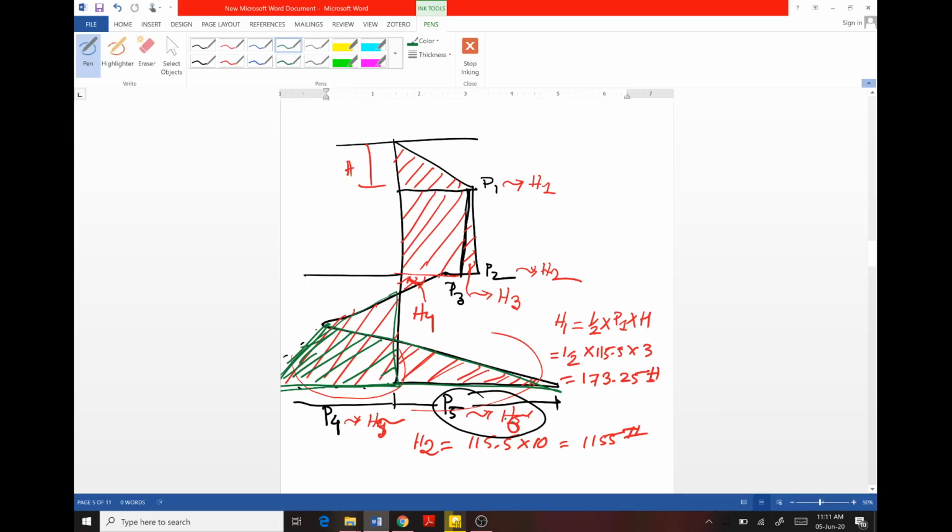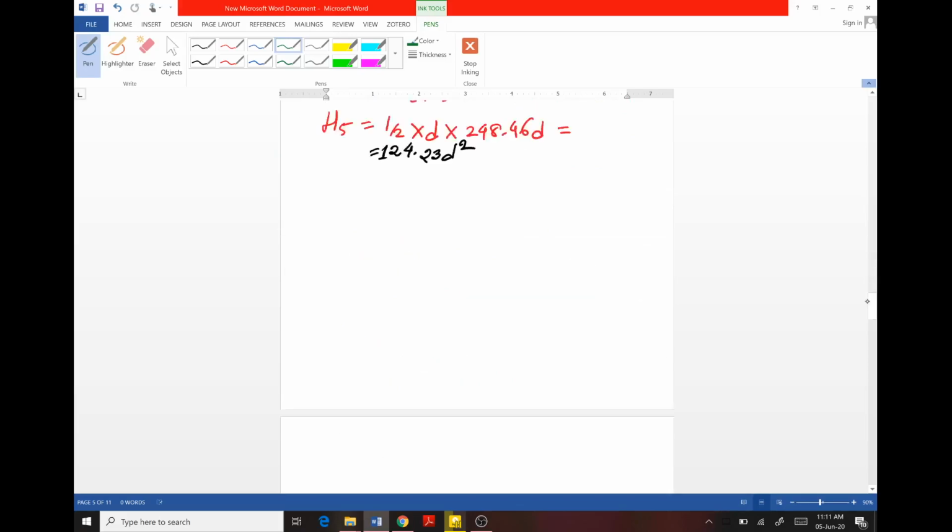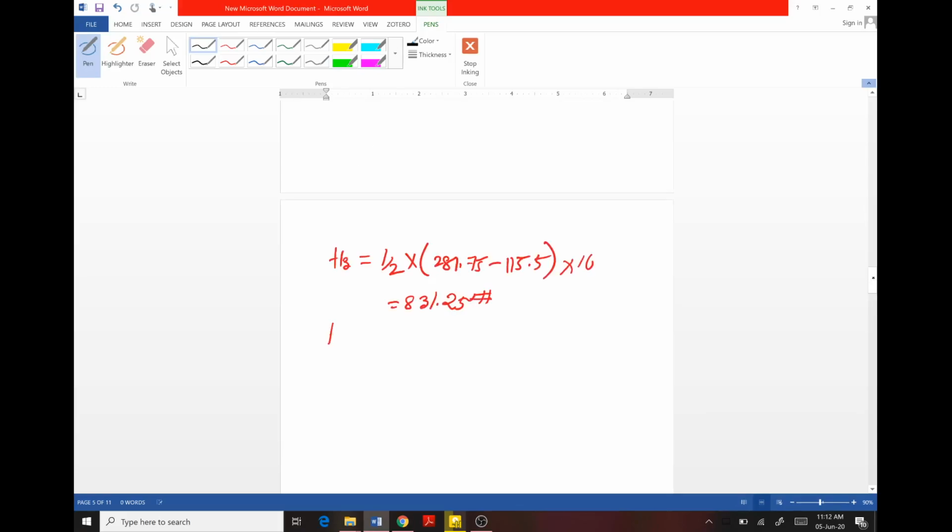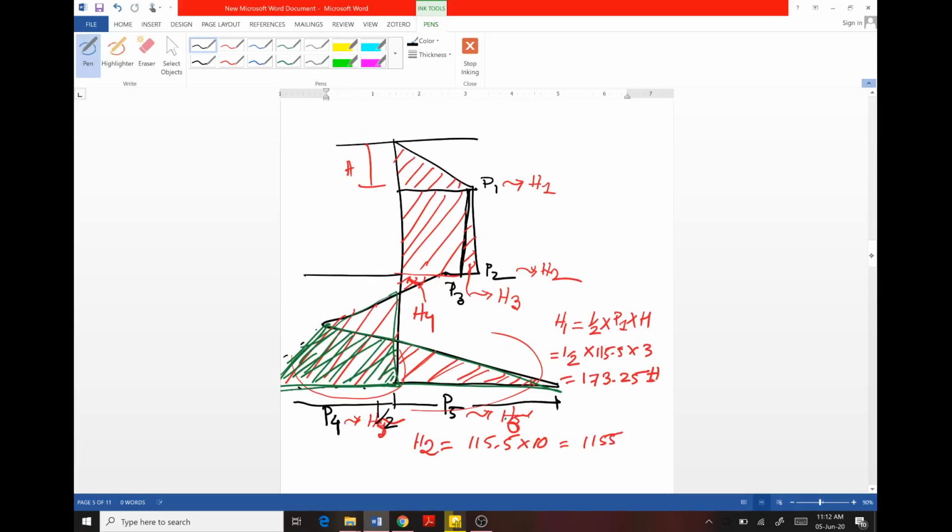When we subtract H5, this portion will be removed. So to determine the value of H6, we will do half into this triangle, the green hatched one.